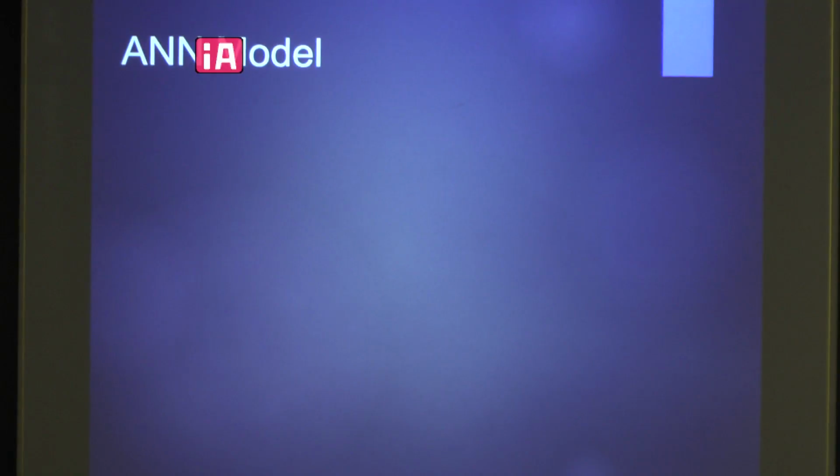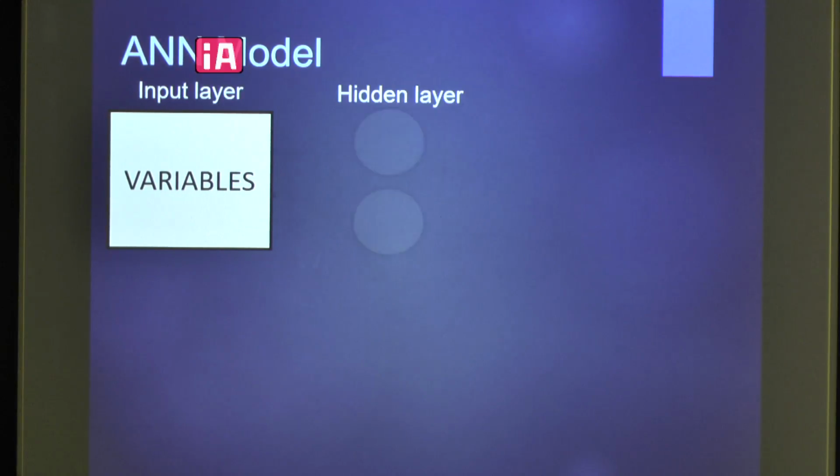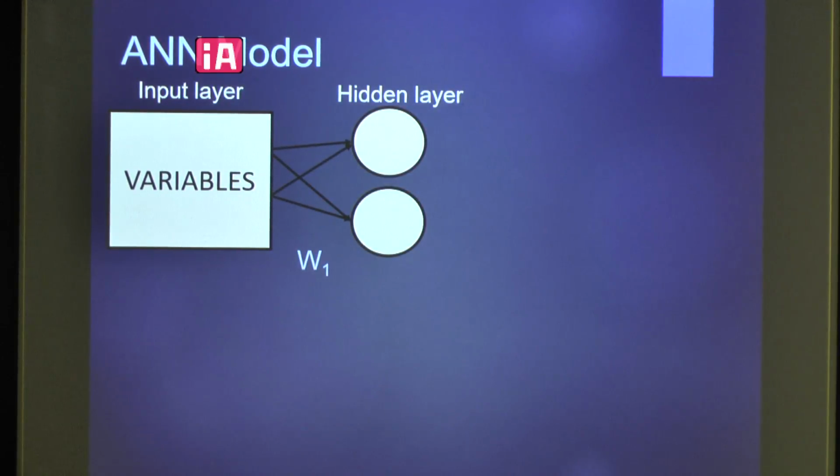In terms of the model, I'm going to be showing you the basic structure of this model to give you an idea what it was doing. It has an input layer, and this input layer consists of all of the variables that I wanted to use to be able to predict my outcome. From that input layer, it goes to the hidden layer, and by doing so, it calculates a series of weights, and these weights are looking at the magnitude of the relationship of inputs towards the outputs.